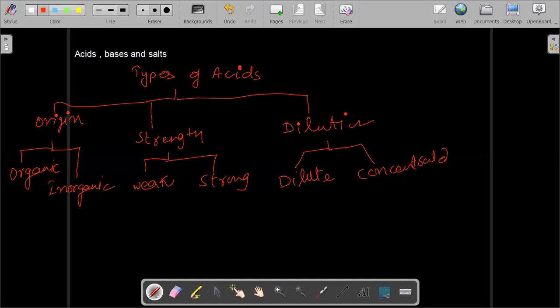Sir, organic acids are acids that are obtained from nature. So organic acids are the acids which are obtained from living organisms. Acids obtained from living organisms are called organic acids.